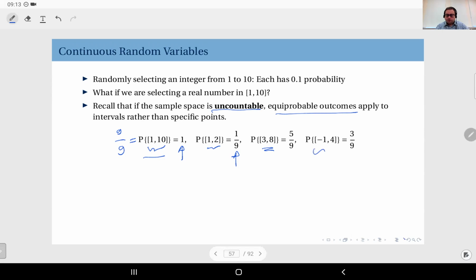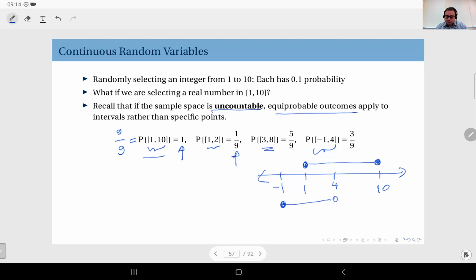Now, what about this one? This is tricky. The length of this interval is 5, but the probability of the outcome being in this interval is not 5 over 9. Why? Because the entirety of this interval is not in the sample space. There is an overlap, but it's not entirely inside the sample space. So this is -1, this is 1, say this is 10. This is my sample space. And let's say 4 is here.